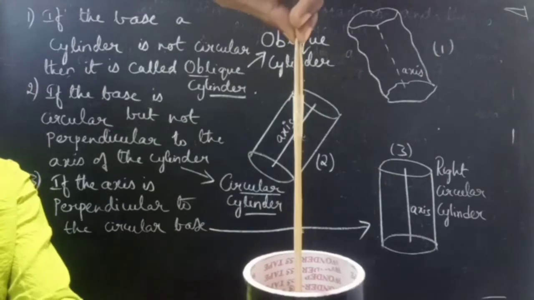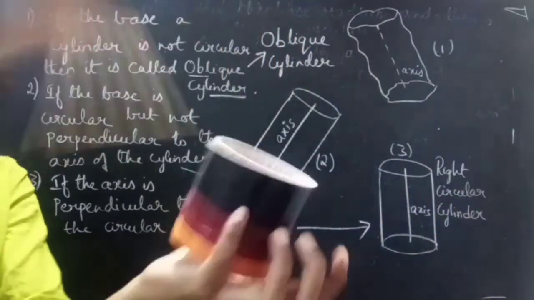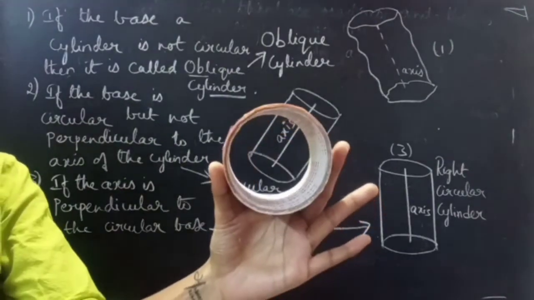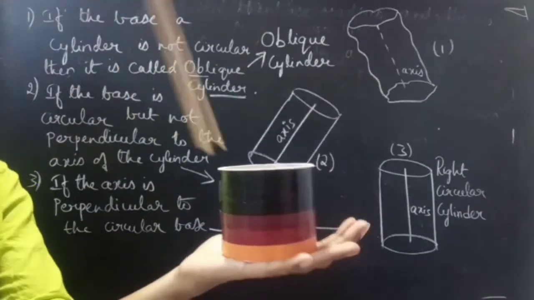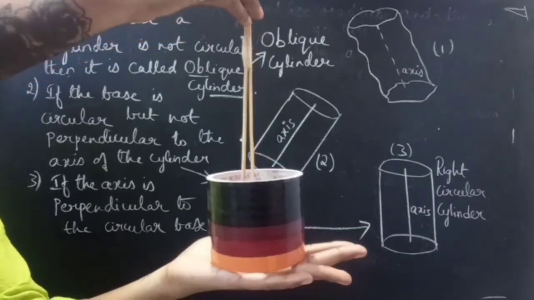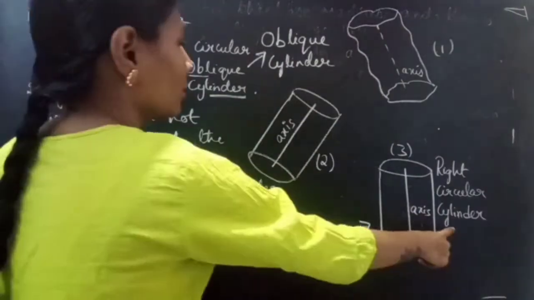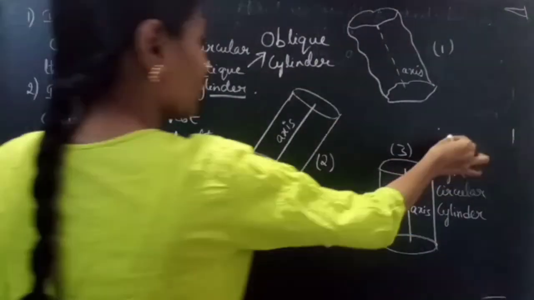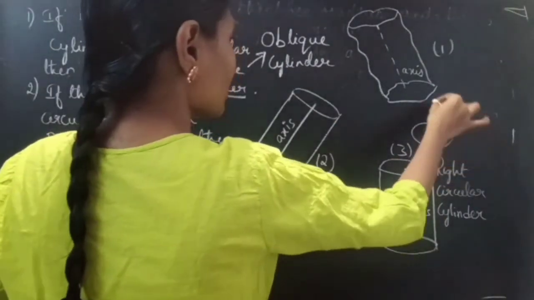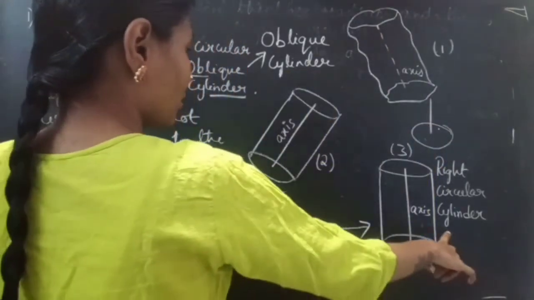Okay, so here the circular base is exactly perpendicular to the axis. So we call it a right circular cylinder.